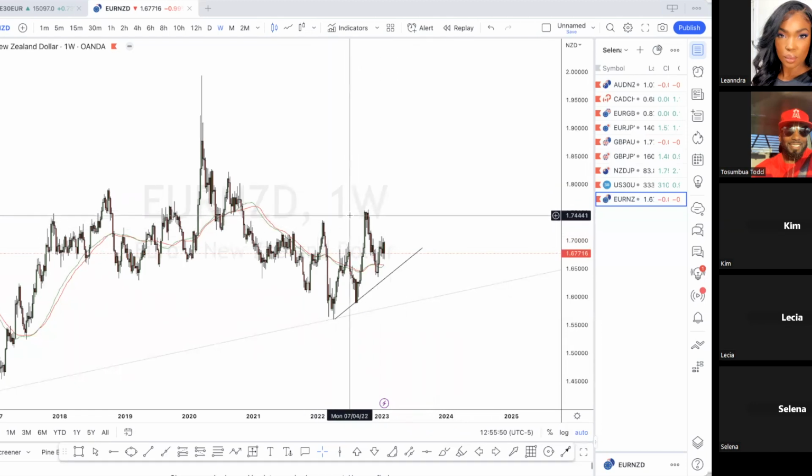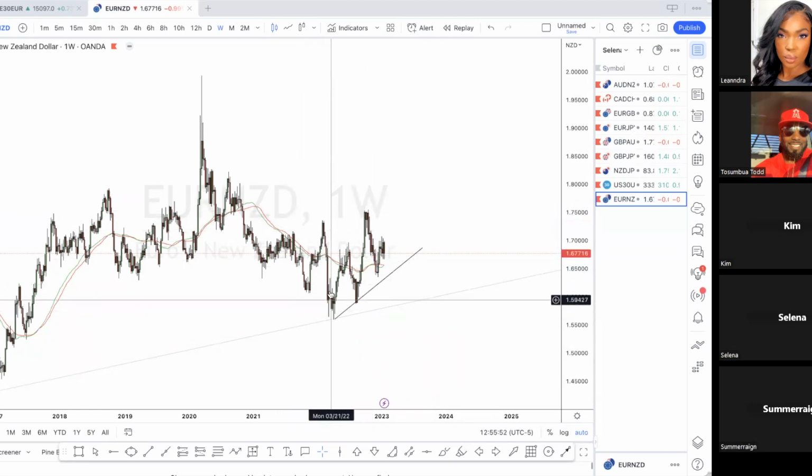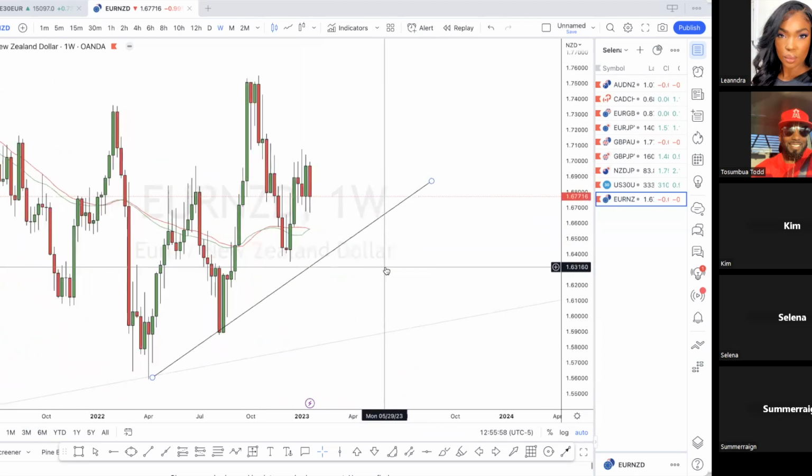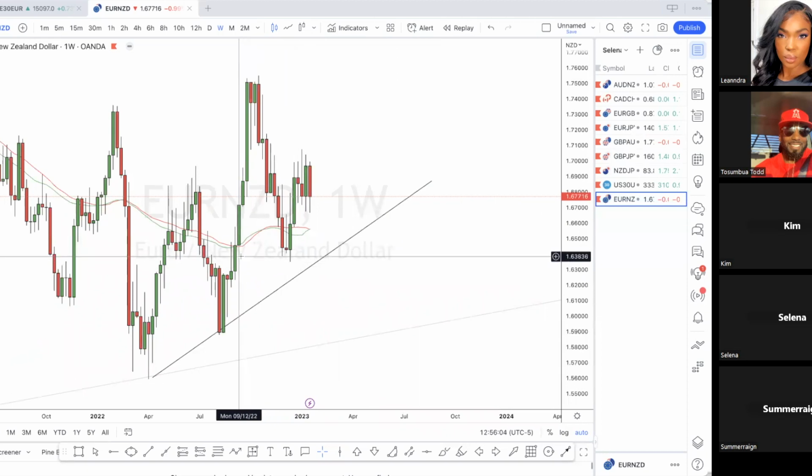Okay, so it broke this high. This was the swing high. It broke the high, and it pulled back. It didn't quite pull all the way back, but it almost did.